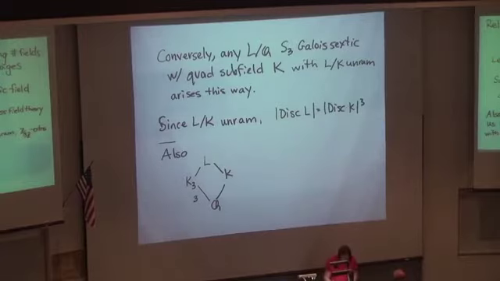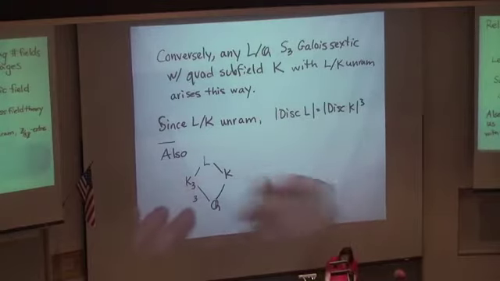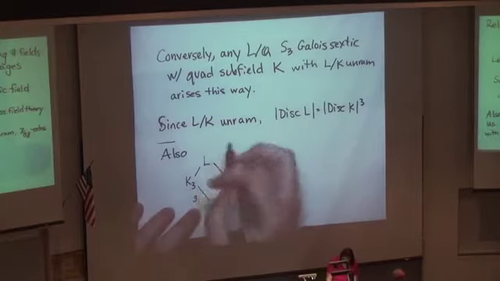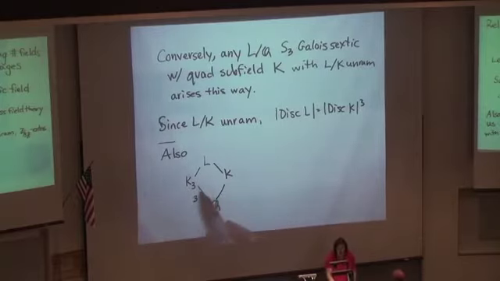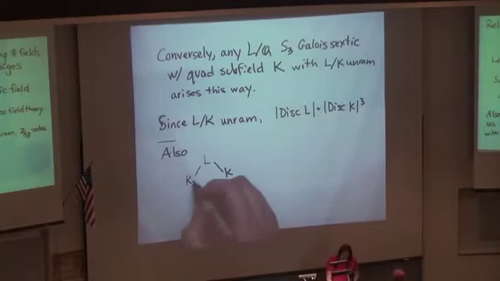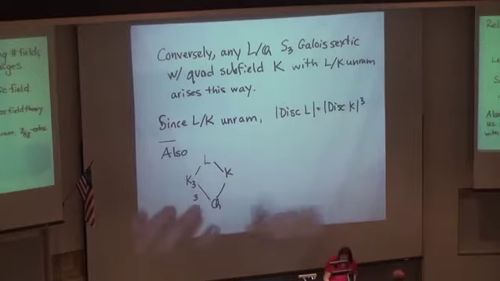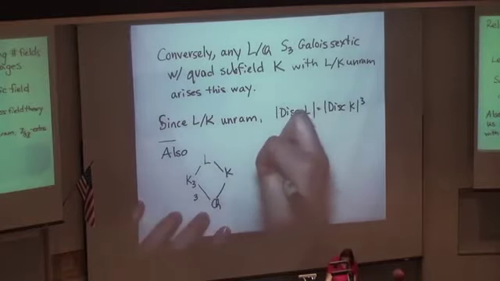So also, well, there are actually three of them. There are three conjugate cubic fields here. So each L has exactly three conjugate cubic fields, and if you have a non-Galois cubic, you can get such an L.